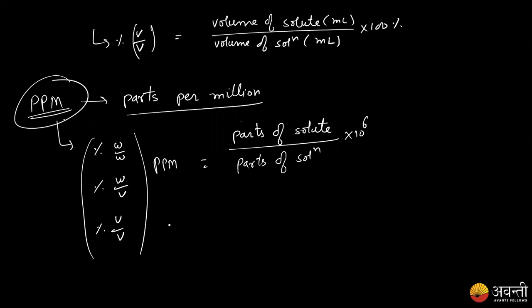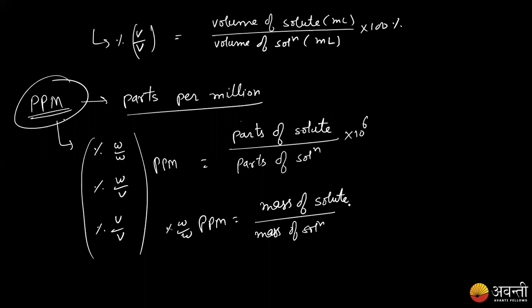So let me write here, percentage weight by weight ppm is equal to mass or weight of solute divided by mass of solution, both in grams, into 10 to the power 6.